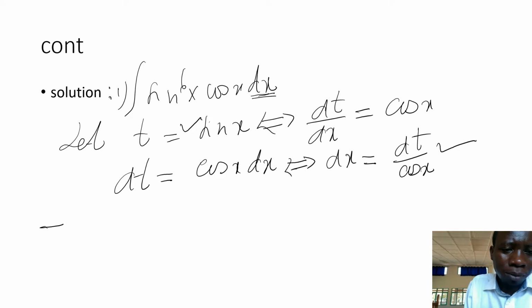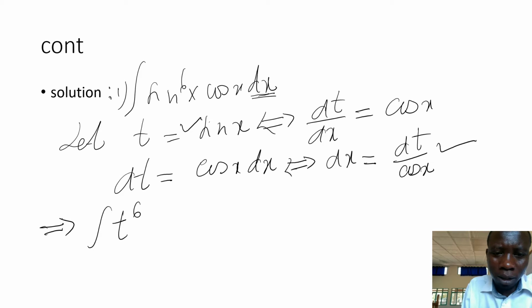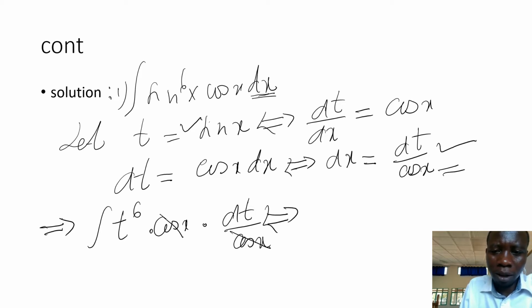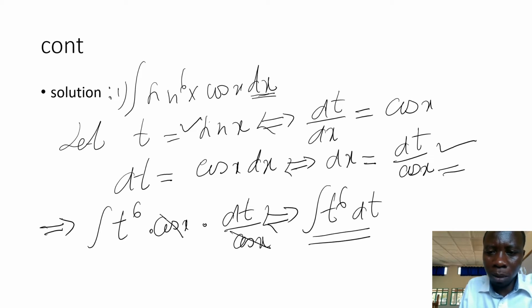The integral will become t power 6, remembering sine x was equal to t, and our dx is replaced by dt over cos x. Here you can simplify. So finally, I will have the integral of t power 6 dt. As you can see, this integral is in terms of t only.